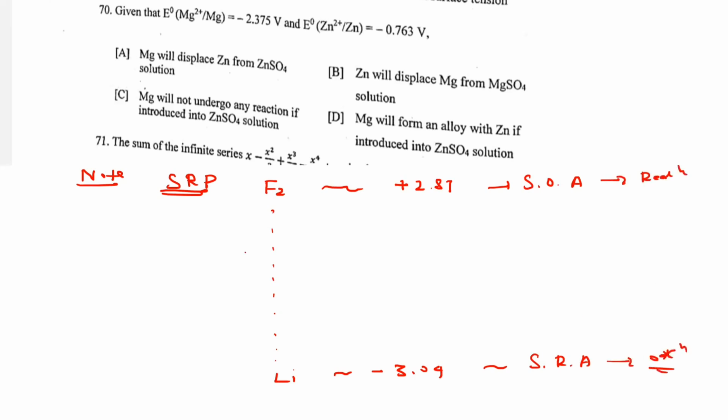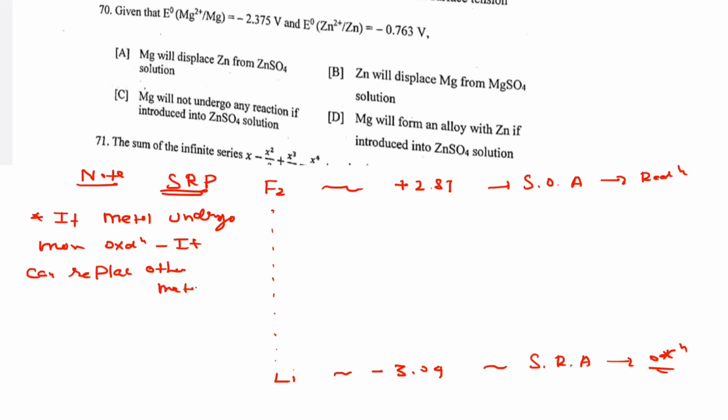Now note the first point. If a metal undergoes more oxidation, it can replace other metal ions. It's a concept. Now see the question. Magnesium, what is the value? Minus 2.37.